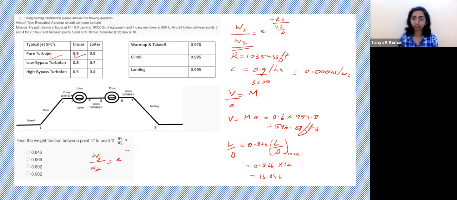E raised to minus 35433 into C, 0.9 by 3600, by velocity, 596.88, into 13.856. So what is this value?